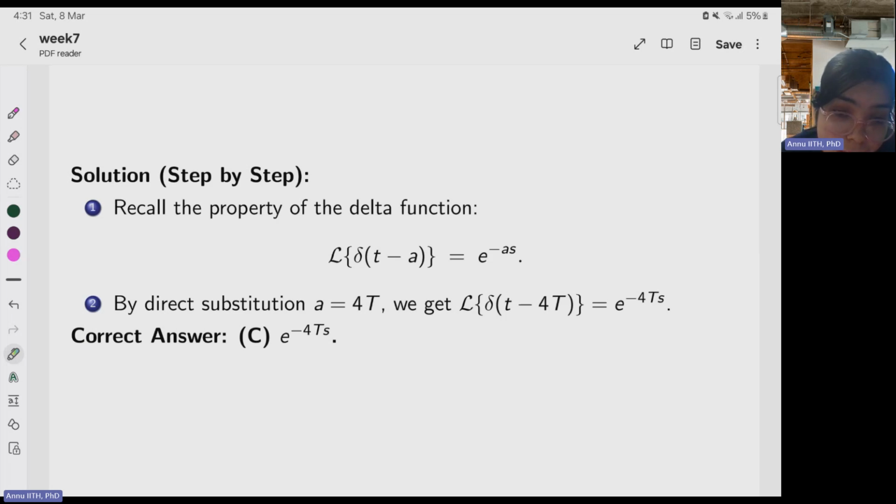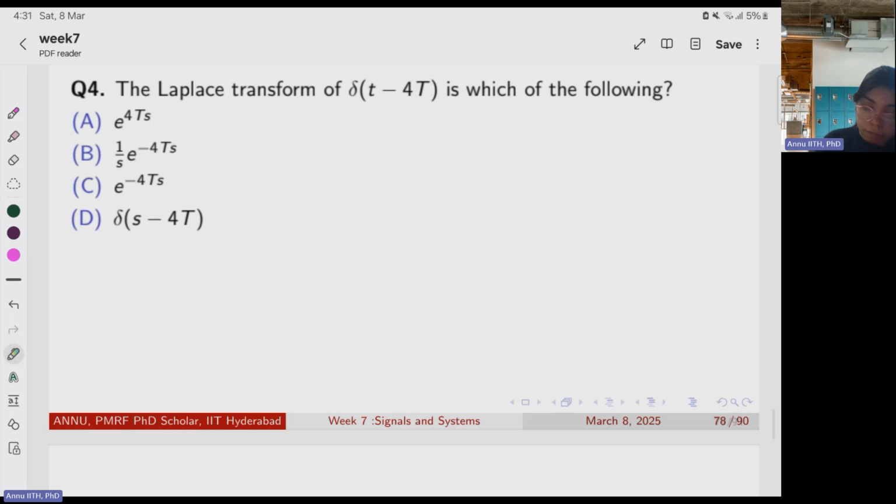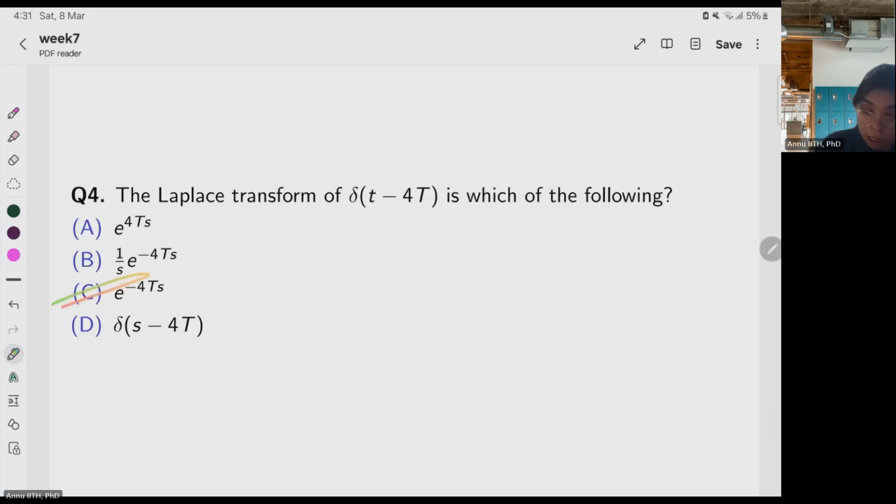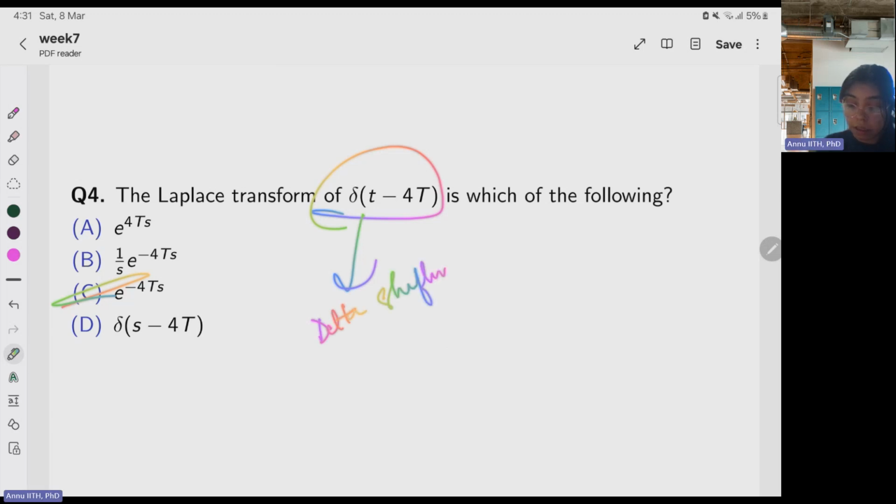So by direct substitution of a equals 4, we have Laplace of delta(t minus 4) is equal to e power minus 4s. So the answer is delta shifting.